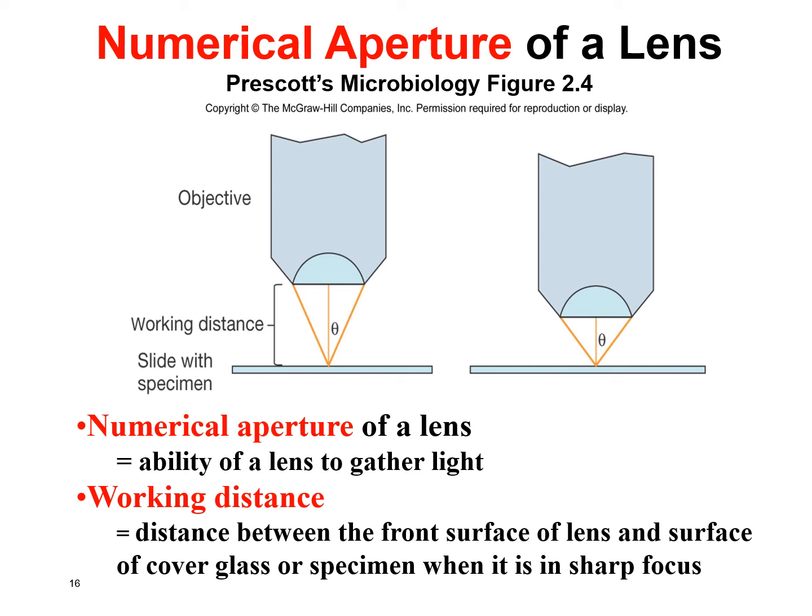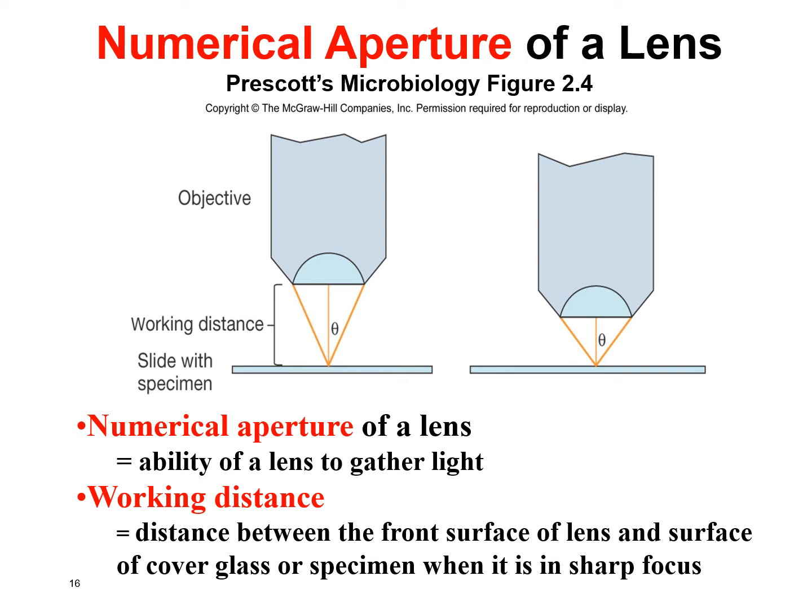So with our objective lenses, the lenses that have a higher numerical aperture will be the objective lenses that have a higher power. Like your 100x objective lens has the highest numerical aperture on your Brightfield microscopes. And the higher the numerical aperture, the shorter the working distance, so the closer it's going to be to the microscope slide.